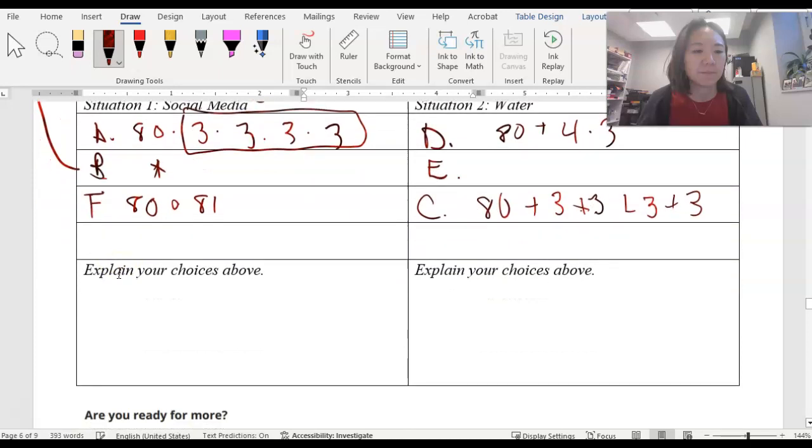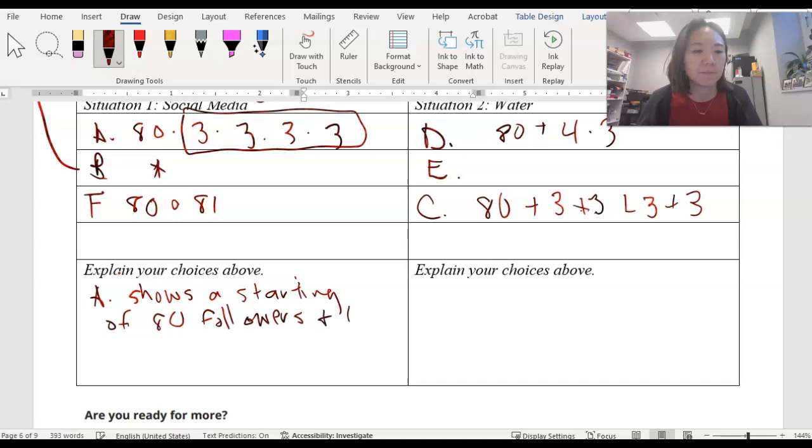Explain your choices above. Here you're going to explain in words. So A shows a starting value of 80 followers, and then times 3 is tripling each year, right?